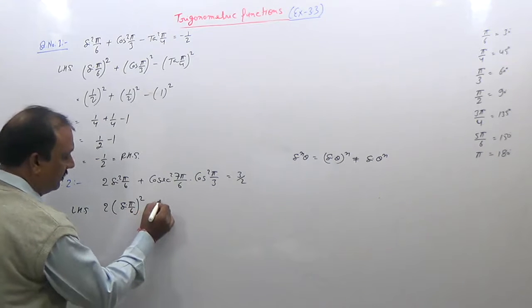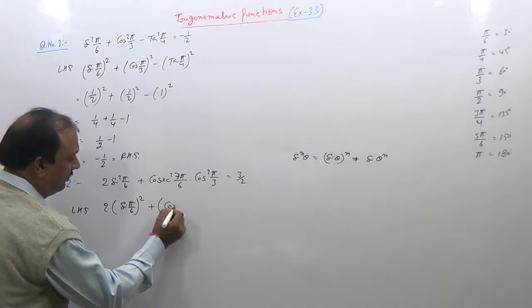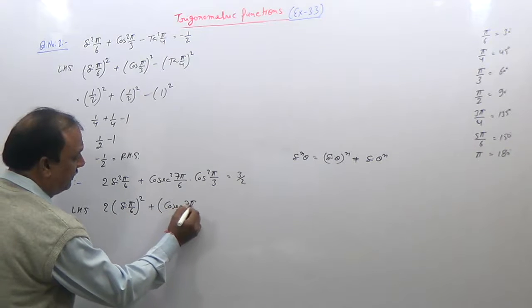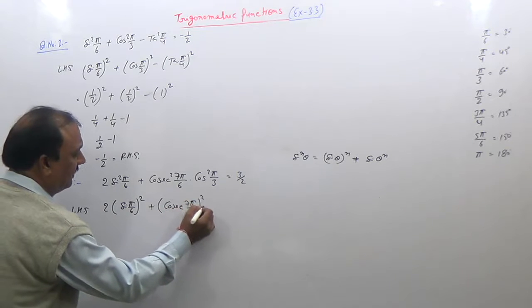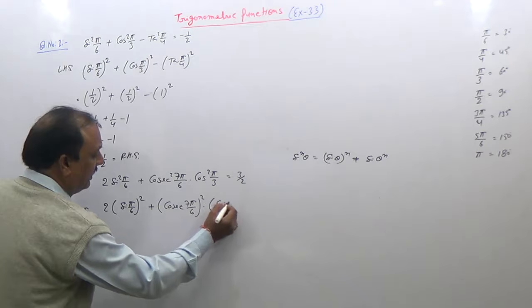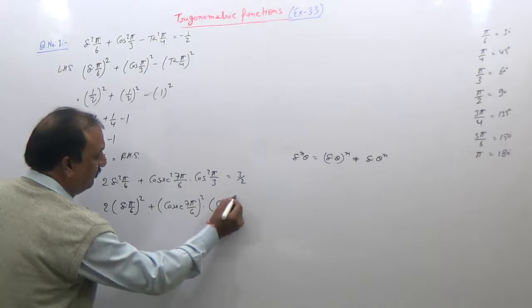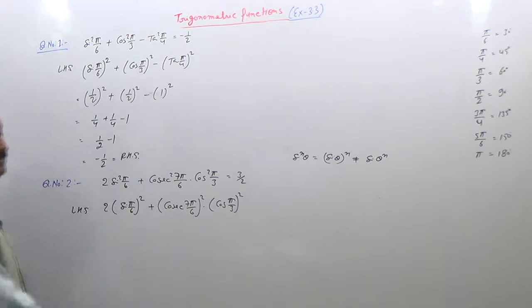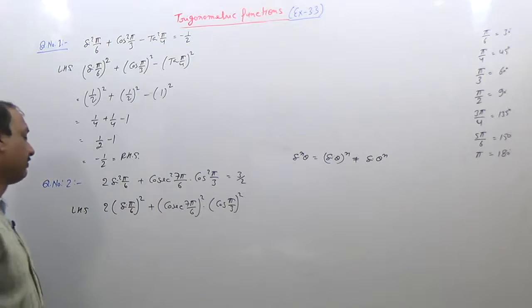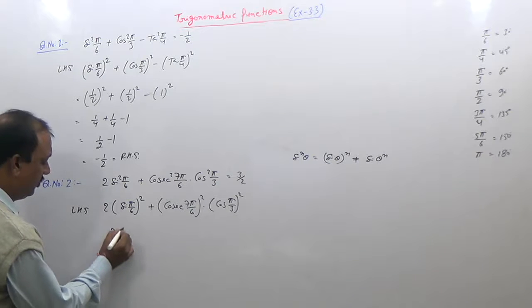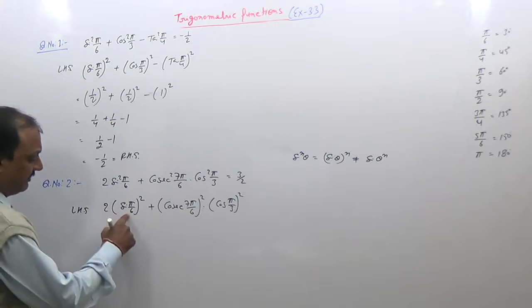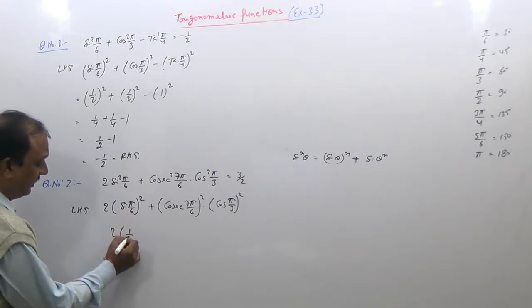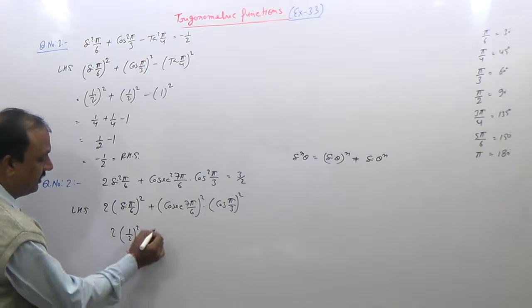So this is cosec 7 pi by 6 whole square and cos pi by 3 whole square. Substitute their values. Sin pi by 6, that is sin 30, is 1 by 2, squared.